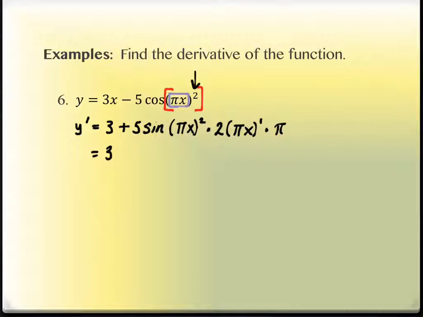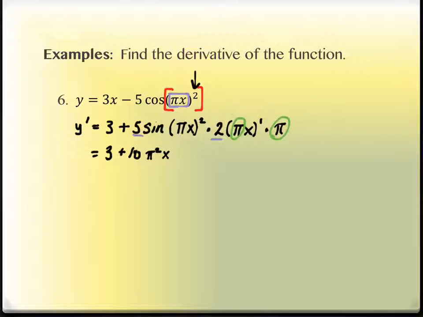All right, we'll do just a little bit of cleanup. We have a 5 and a 2 and a pi. Oh, we've got more than that. 5 and a 2, let's just start there. 5 and the 2 become 10. We actually have pi twice. We have it here and here. So when you multiply pi times pi, you get pi squared.